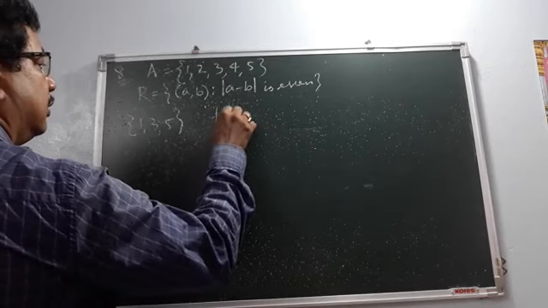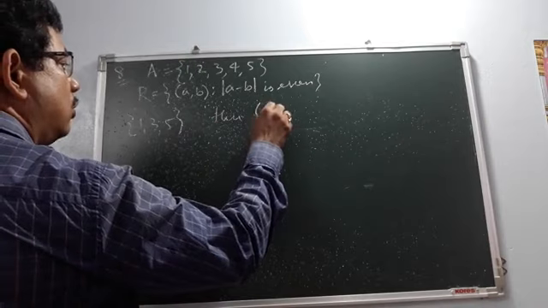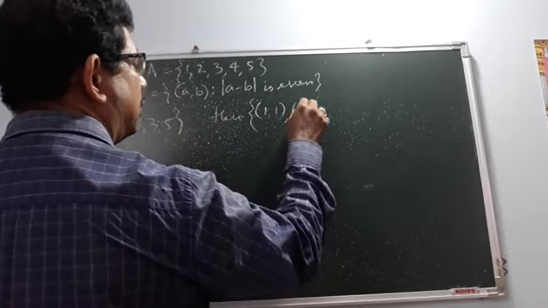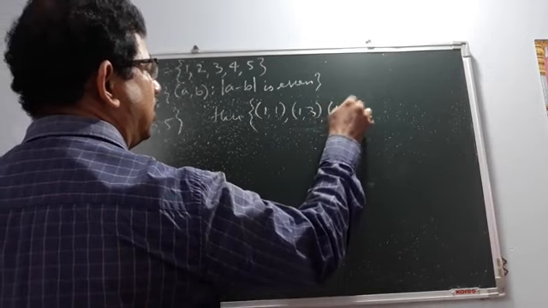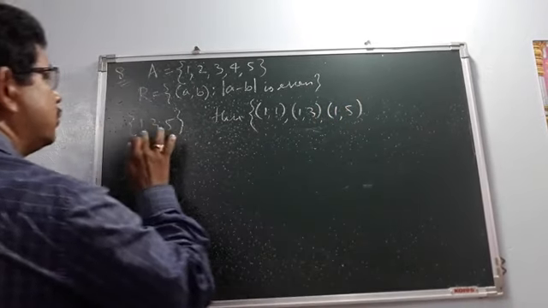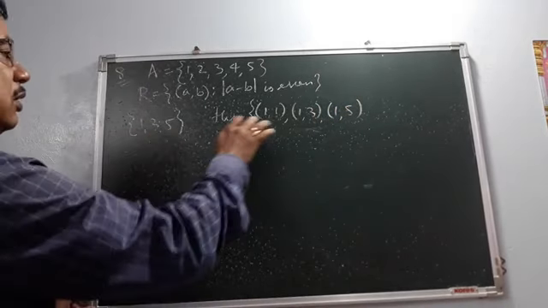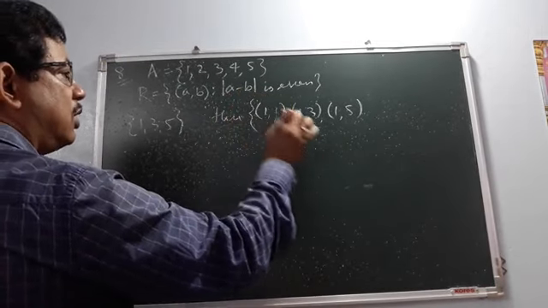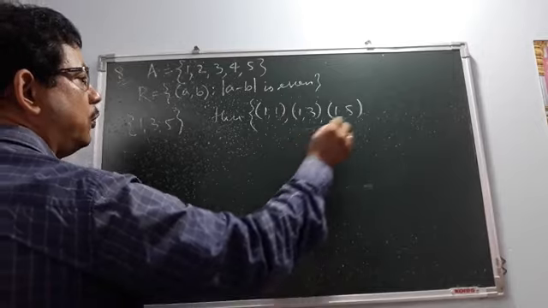Here if you take (1, 1), see Cartesian product of these two sets: (1, 3), (1, 5). So (1, 3), that is modulus 1 minus 3, these are two differences, it is 2.